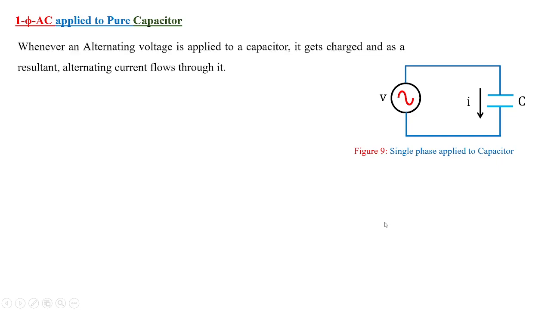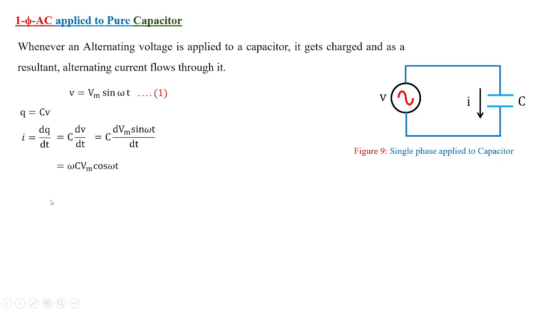Unlike the inductor, for the capacitor we know that the charge across the capacitor is CV, and current is defined as the flow of charge, that is dq by dt. Representing q by CV, I get the value of i, which is nothing but Im sin(omega t plus pi by 2).